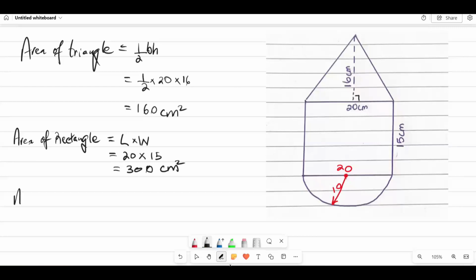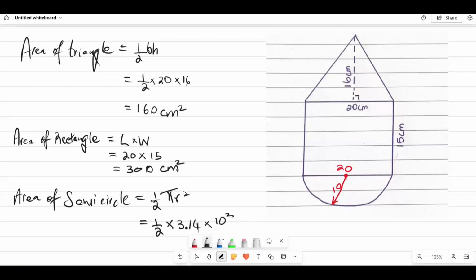Area of semicircle is equal to a half pi r squared. And so this is going to be a half times pi, which is 3.14 times r, which is 10 squared.